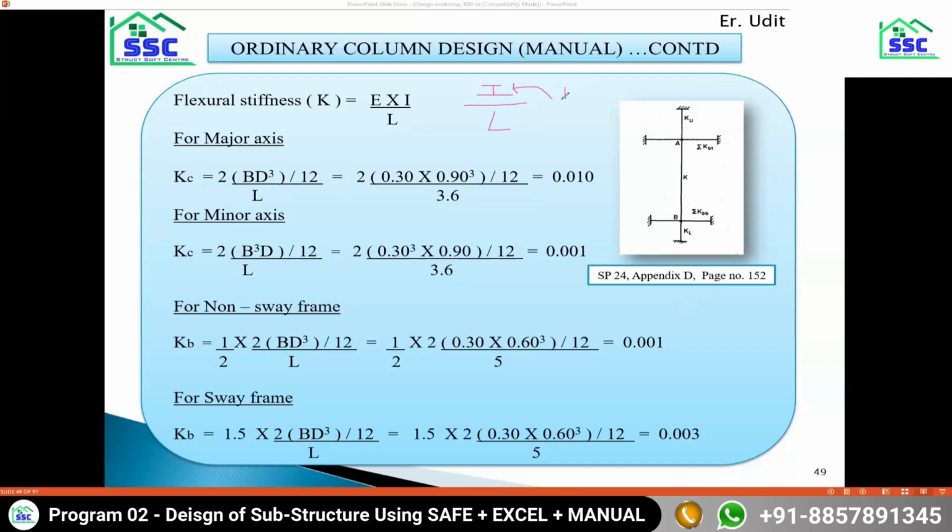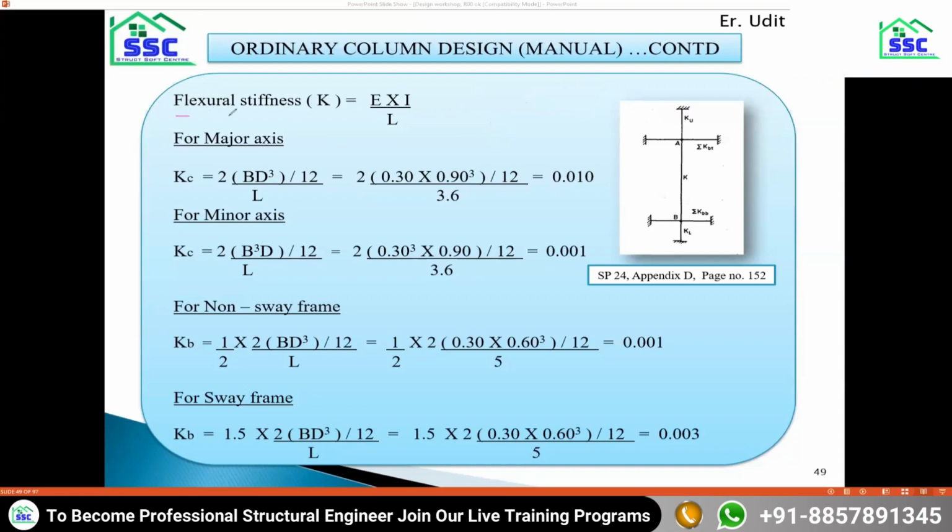It is nothing but BD cube by 12. If you recall our basic theory, it is BD cube by 12. There is nothing about reinforcement in this formula. It is purely based upon the size of the beam. And as my size is the same at the top as well as at the bottom, my beta 1 is going to be equal to beta 2.